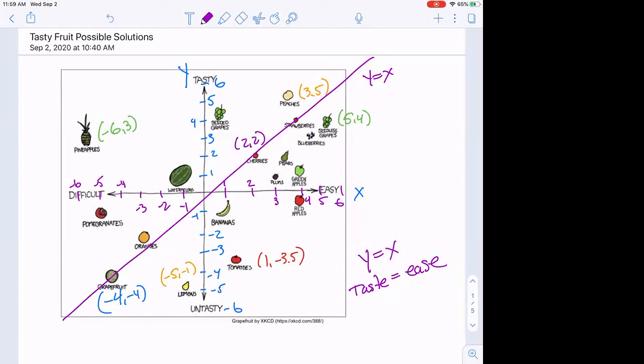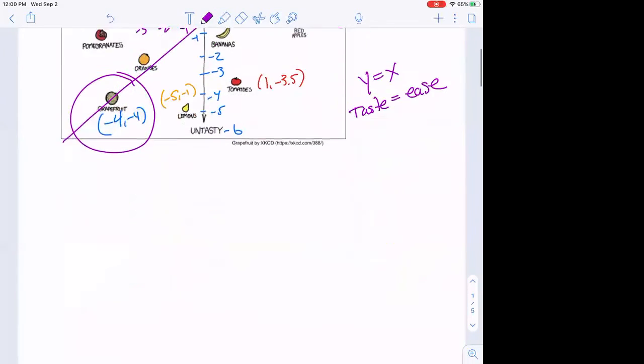They're pretty easy and they're pretty tasty, the same. Or grapefruit down here is really difficult and really untasty. In that sense, they have equal taste value and ease value. You can describe these things in a graphing sense. That's on the diagonal line, right?